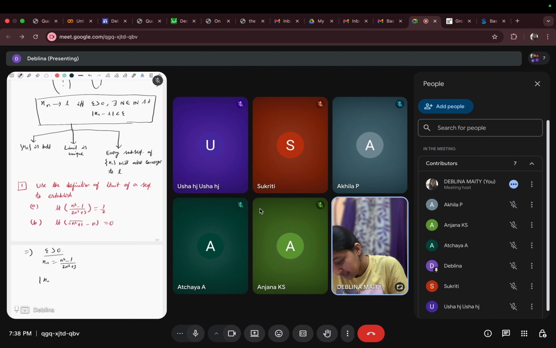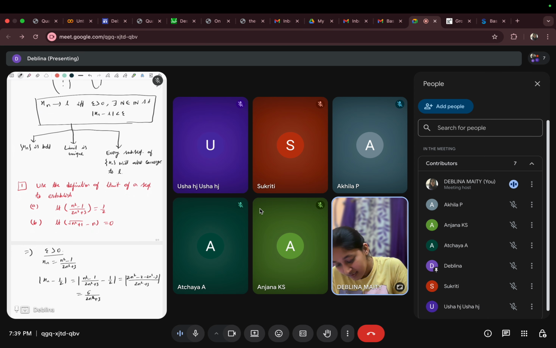So mod xn minus half, that is the limit half, is 5 by 2n square plus 3, right?